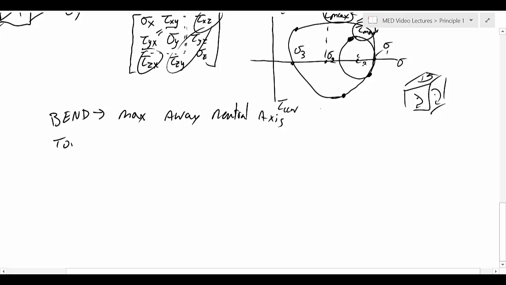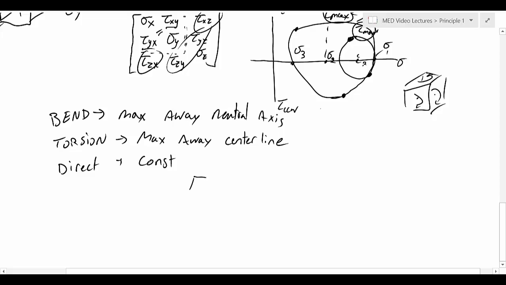And because torsion tends to be maximum on the outside surface, away from the center line or the point it's twisting about, and because direct force, direct shear or axial stress tends to be constant and doesn't really affect our decision making, it's most likely that when we have some complicated loading situation, what we care about is the stress element on the outside surface.